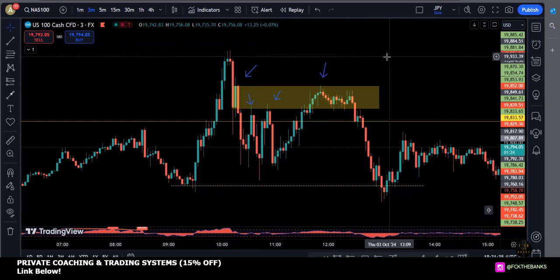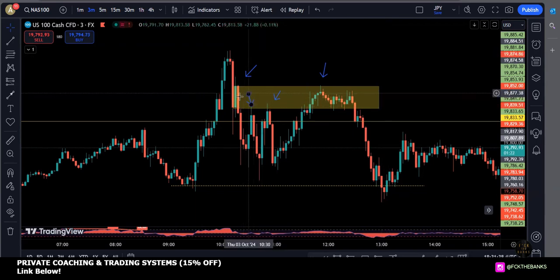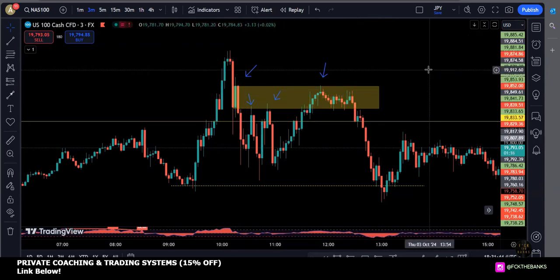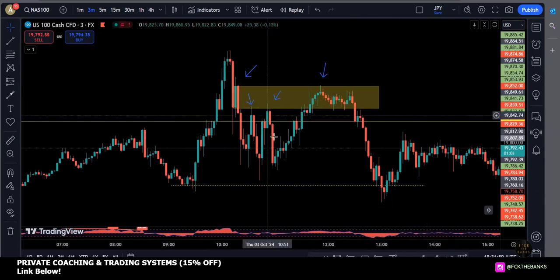So think about it, in these zones there are some orders. As I said before, banks and institutions are trading hundreds of millions of dollars, but in one single transaction it is impossible to fill all of those trades. So what happens is that price is going to come back, take some more of those orders, and eventually react.